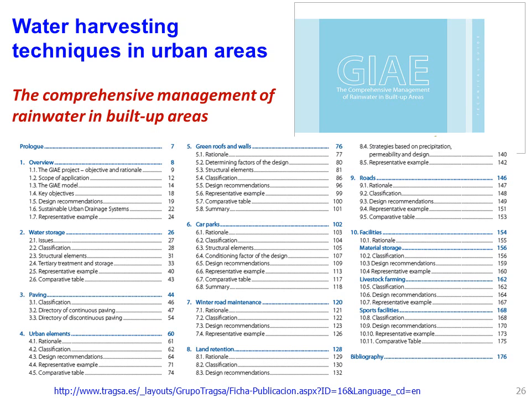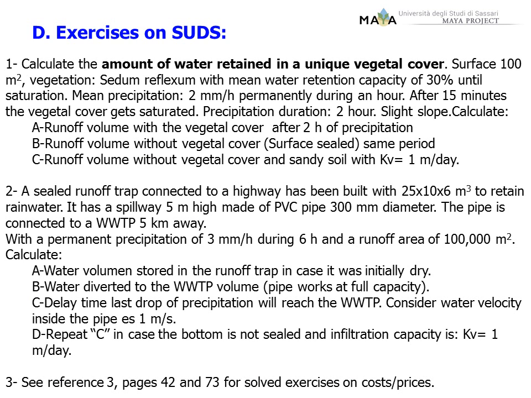Most of the exposed elements are described in the Water Harvesting Techniques in Urban Area book, titled The Comprehensive Management of Rainwater in Built-Up Areas. In order to finish this lecture, we propose three exercises on SUDS.